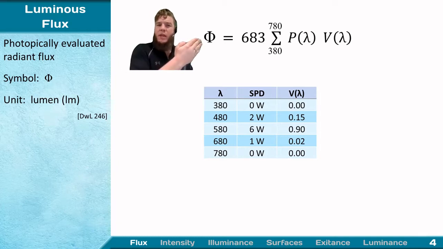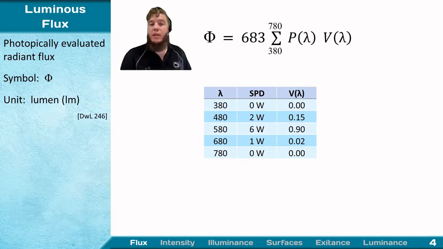So that's what that equation looks like. We have lumens, or luminous flux, equal to 683 times the sum of the power of the light source at each wavelength times the sensitivity of our visual system at each wavelength.